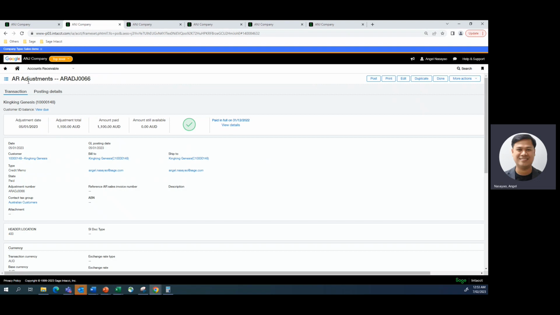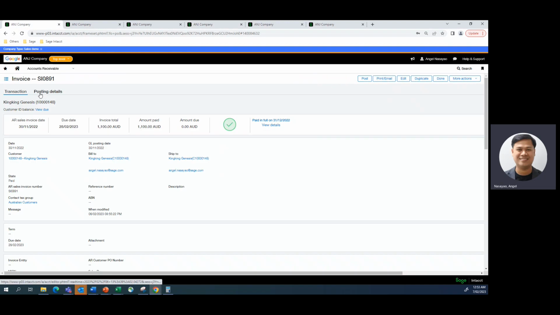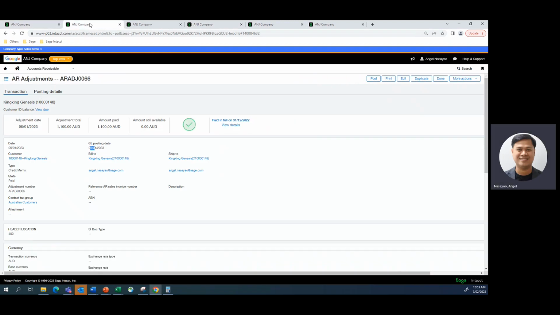The AR adjustment is posted a few days after that, on the 5th of January. So the AR ledger will still show 1,100, which is the AR invoice itself. Again, it's all because the AR adjustment, which is a credit memo, has been posted days after the GL posting date or the payment date.